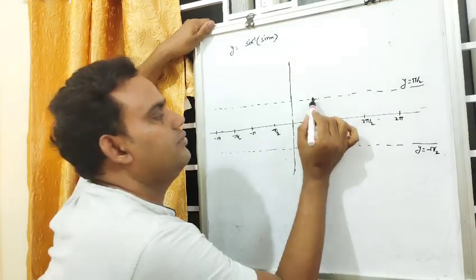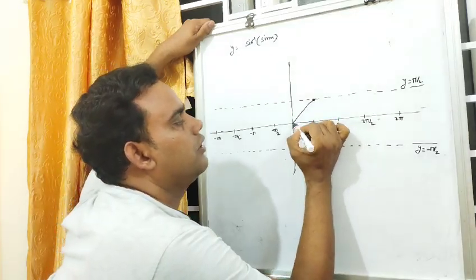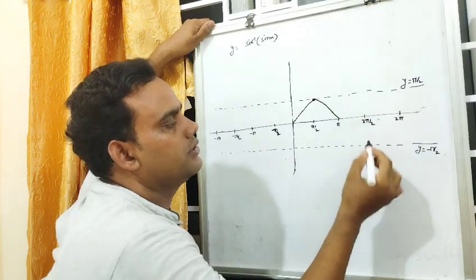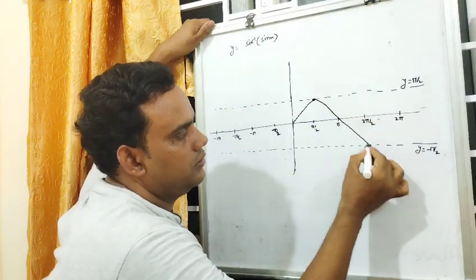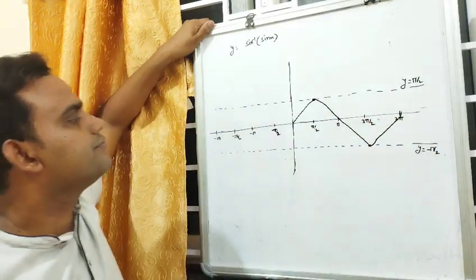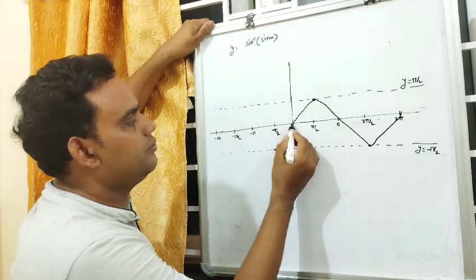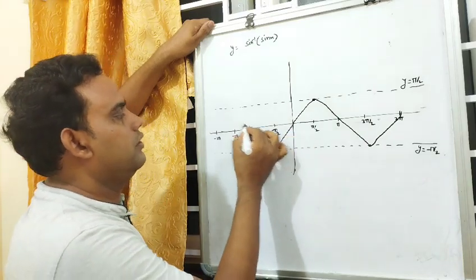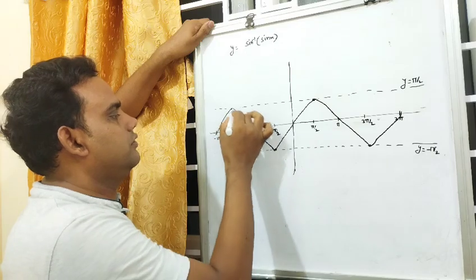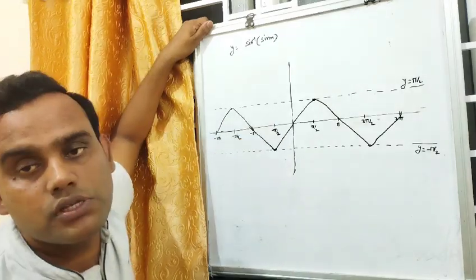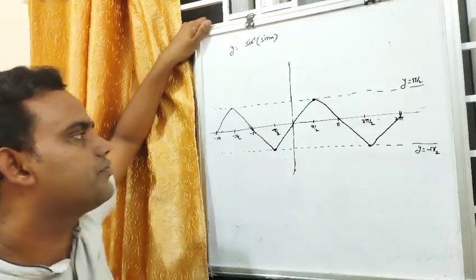Now we draw the graph here. So this is one. We write like that. Similarly here like that. And this side here minus 1. And this is y equals sine inverse of sine x.